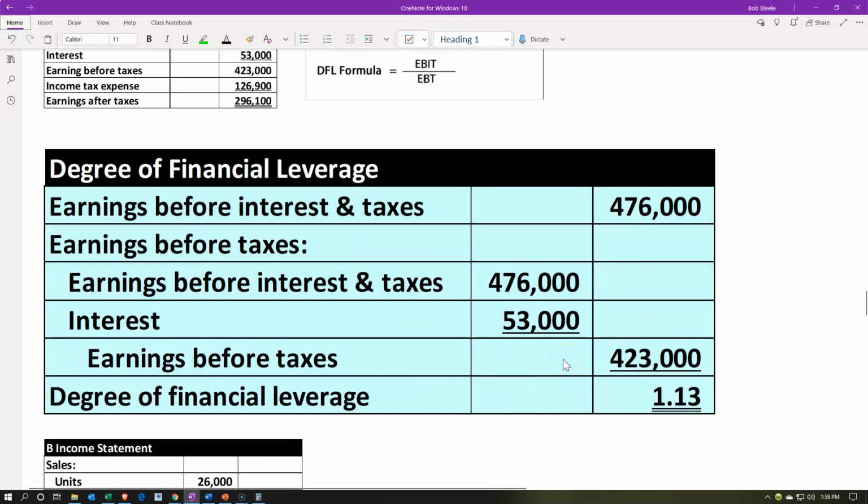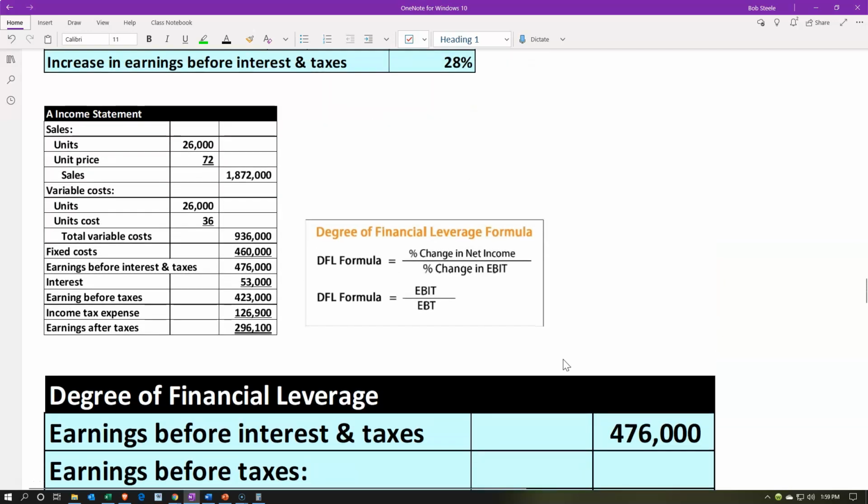Now, we'll focus more on that in a future presentation, but just to take a look at that, because we're going to focus in on the degree of operating leverage and the combined leverage in a second as we go through this practice problem. But you can see that if the sales were to be increasing, you would have an increase in the earnings before interest and taxes. And as sales go up, if the interest remains the same, you have the same financing, then there would be less risk, right?